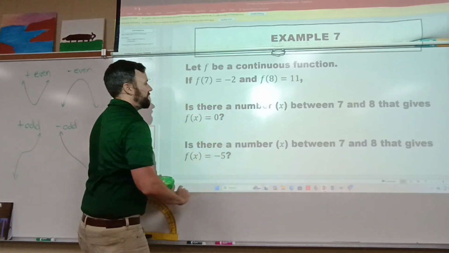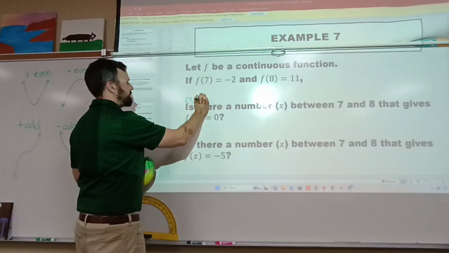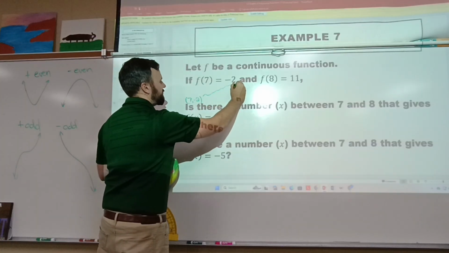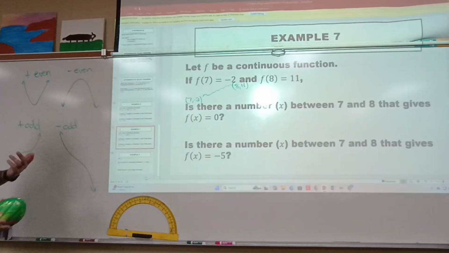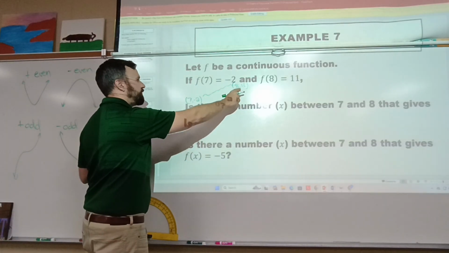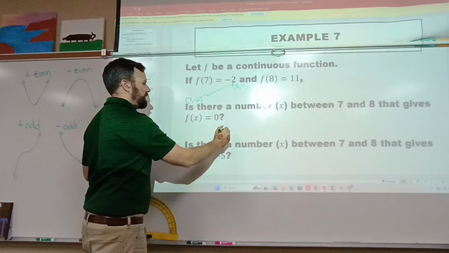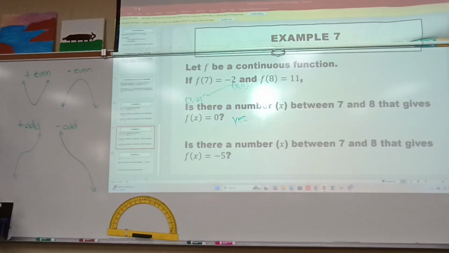Let's do this one. So think about it like this. We have the point (7, -2). Squiggle, squiggle, squiggle. (8, 11). Is there a number between 7 and 8 that will be a 0? Is 0 between -2 and 11? Yeah. So what we know is a 0 exists between those 2 points.